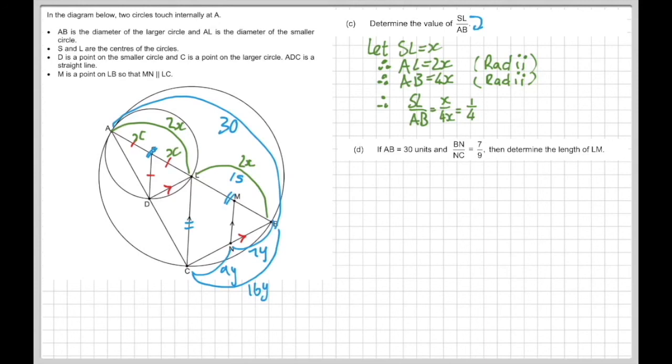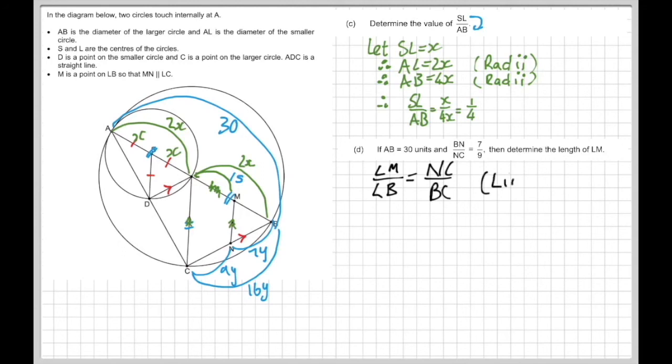Which means I'm going to relate the BC and the LB to the NC and the LM. So I'm going to look at my parallel lines and write that LM over LB relates to NC over BC.